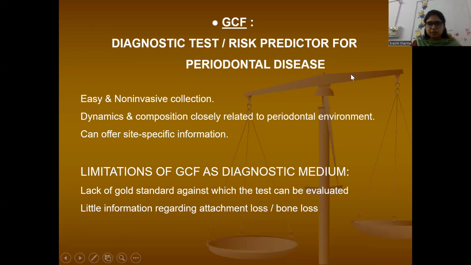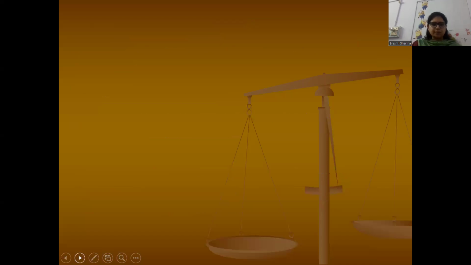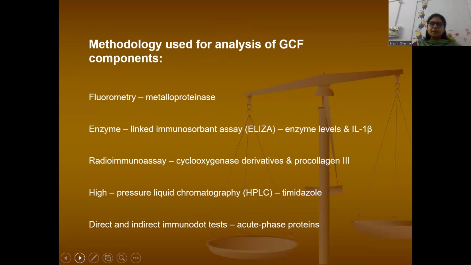So now limitations of GCF as diagnostic medium. Lack of gold standard against which the test can be evaluated. Little information regarding attachment loss and bone loss. Methodology used for analysis of GCF components: fluorometry, metalloproteinase, enzyme-linked immunosorbent assay, that's ELISA.